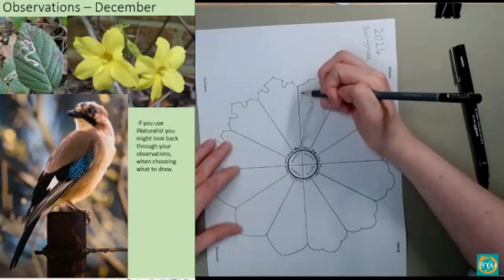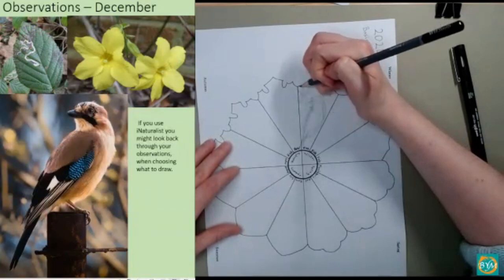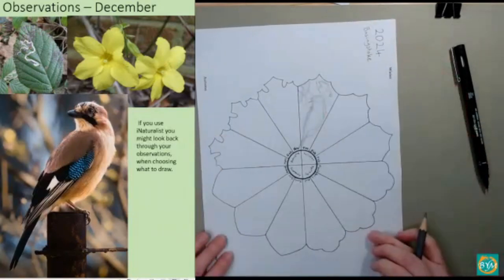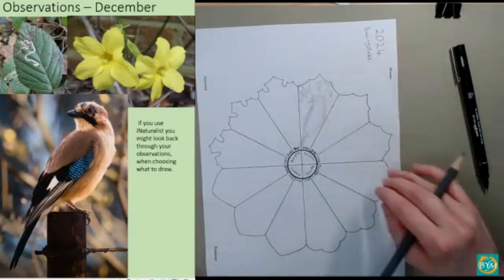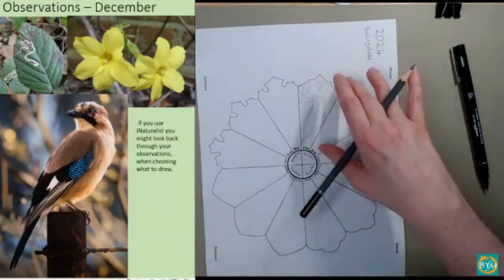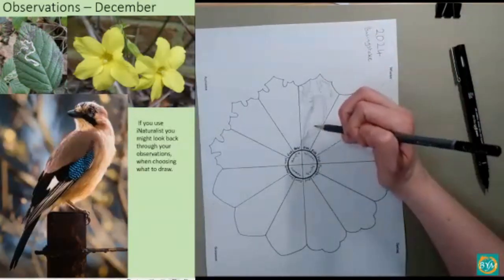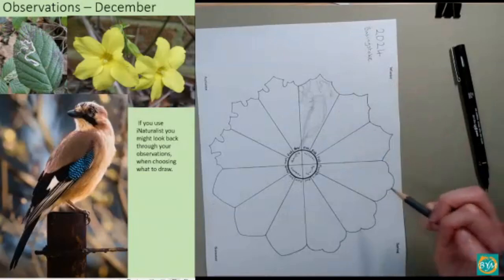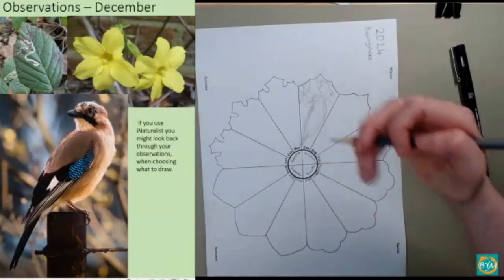So I'm thinking about my composition. How am I using the box to fit in my observations there? Again, if that's a bit much, you might want to just keep it to one observation. On the other hand, you might want to do lots of teeny weeny drawings in there. You could put some color swatches of things that you saw rather than actually drawing them.